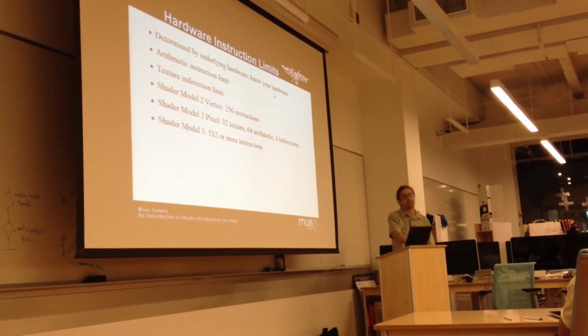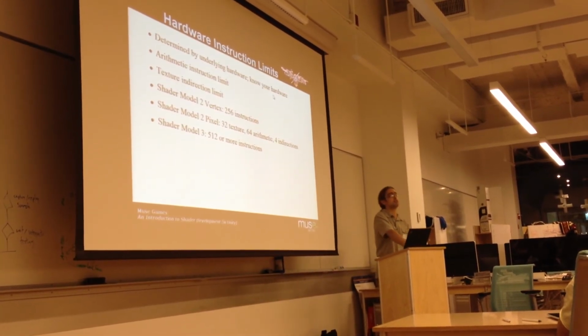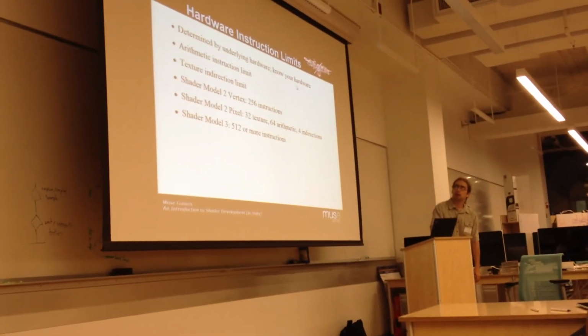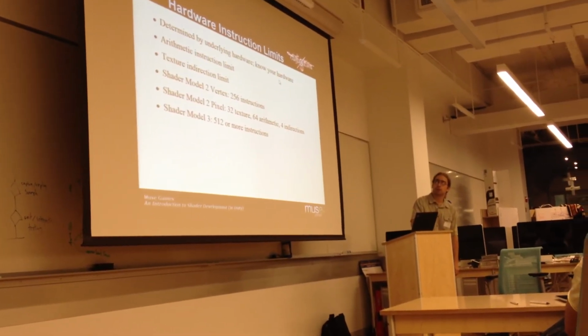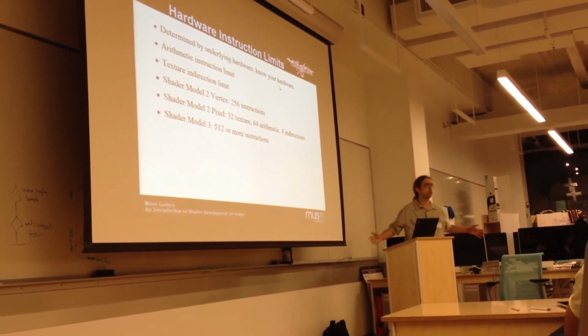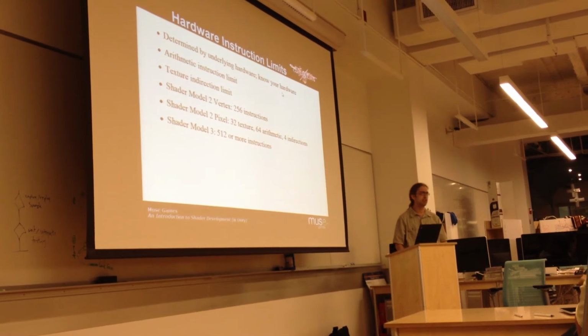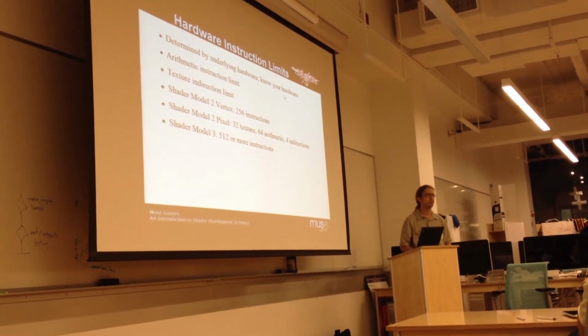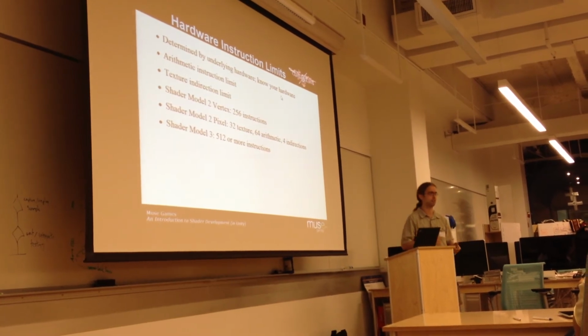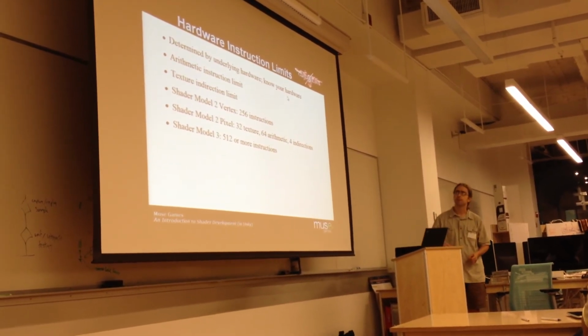Hardware instruction limits. This is determined entirely by the underlying hardware. I'm going to talk mostly in terms of shader model, which is actually a DirectX term for the different versions of their shader API. OpenGL is fuzzier. It's just simply not as cleanly divided, although the same restrictions apply to what card you're working with.